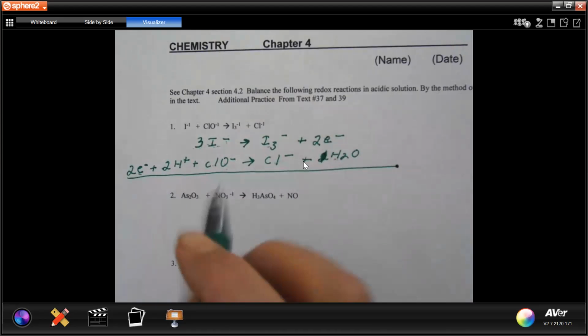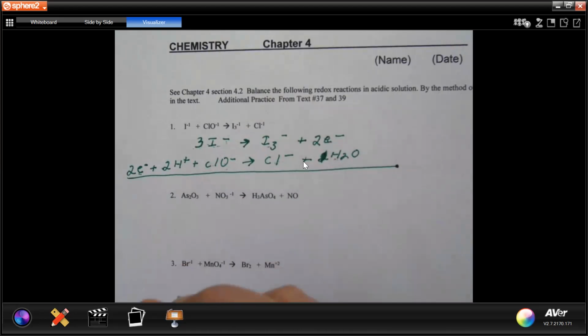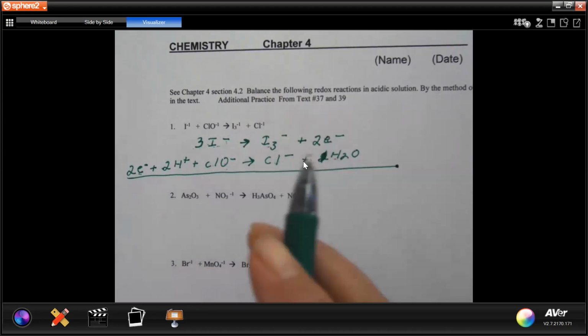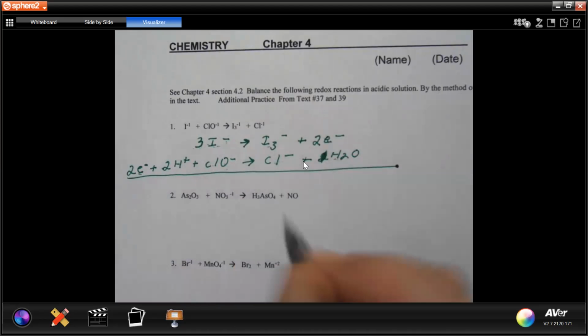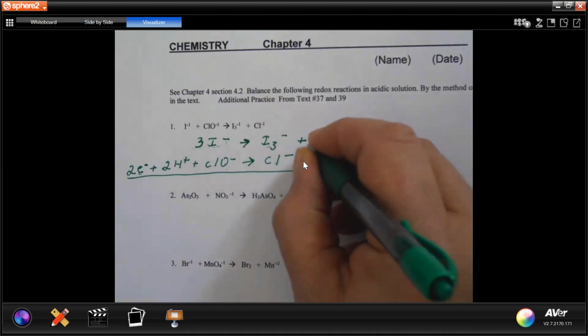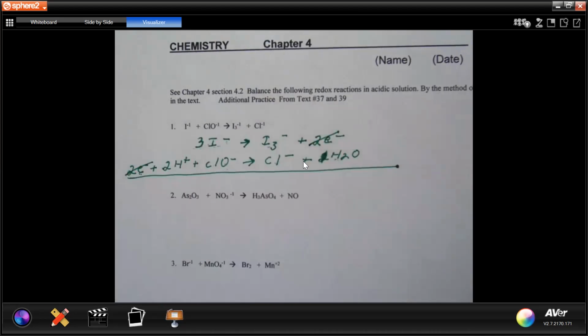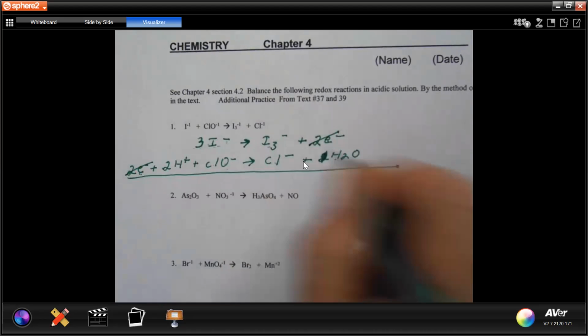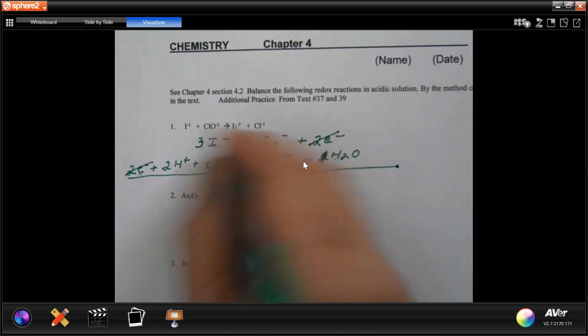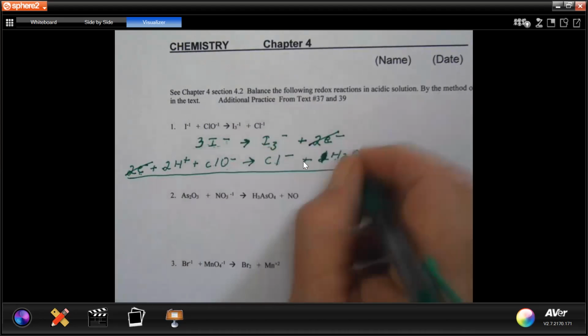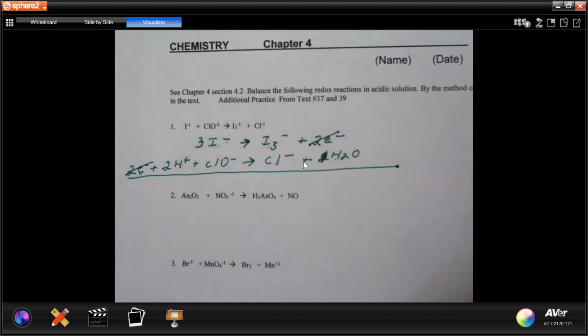And then the last step is I add the equations and eliminate anything that shows up on both sides. Well, the one thing that ends up on both sides of this is the 2 electrons, so I can cancel that. And that's pretty much it as far as canceling goes. So now I just gather everything on the left and gather everything on the right for my overall reaction.